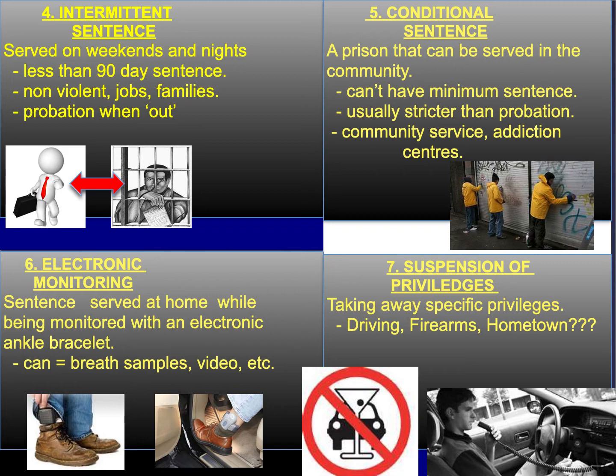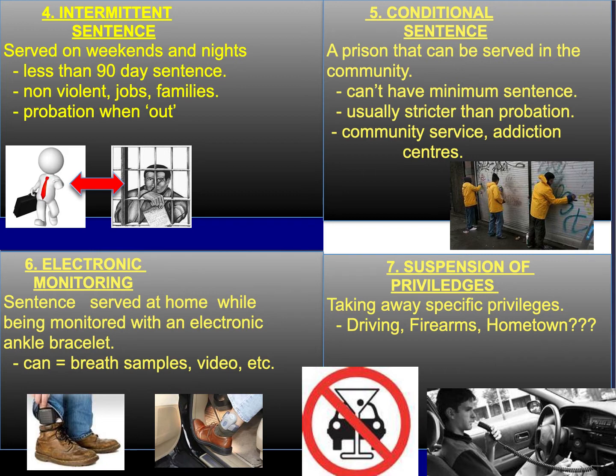Number five is a conditional sentence. A conditional sentence is prison that can be served in the community. Usually, a conditional sentence means there's no minimum sentence. It's usually stricter probation, and may include community service hours and going to various addiction centers and classes.